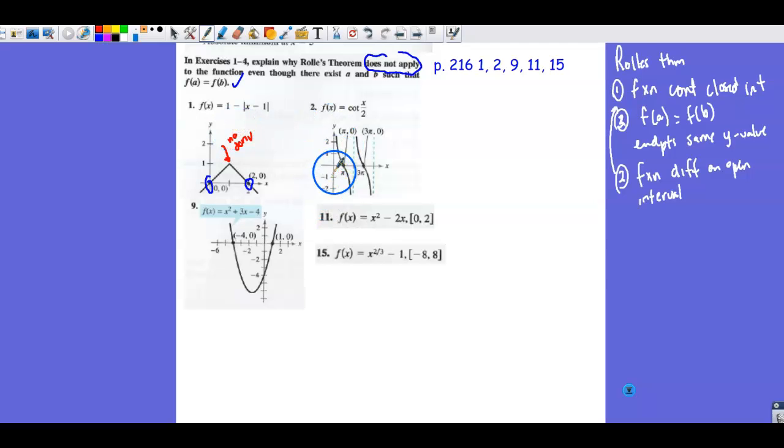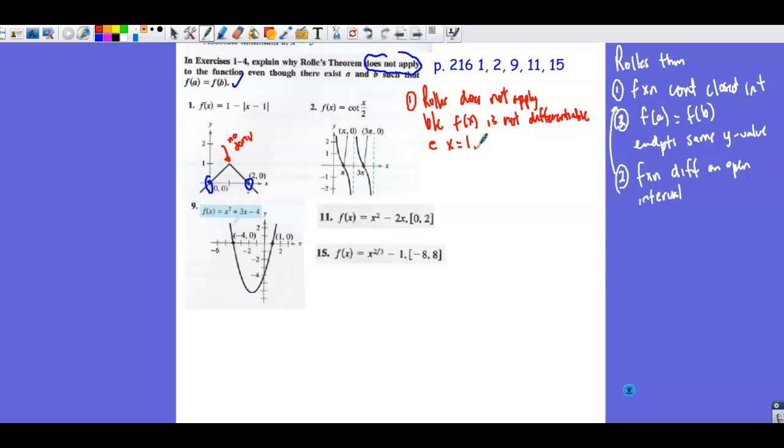So for number 1, the reason that Rolle's theorem does not apply is because the function f of x, I'm going to make sure I say the specific name, is not differentiable at x equal to 1.